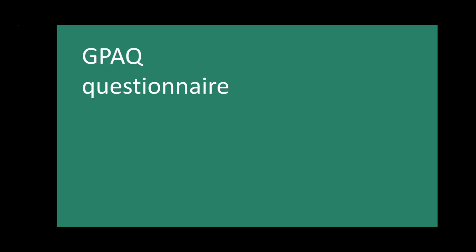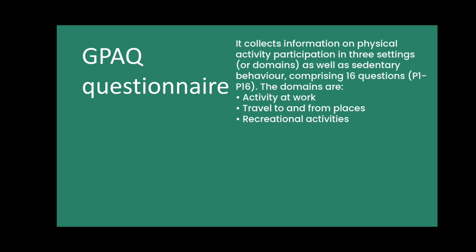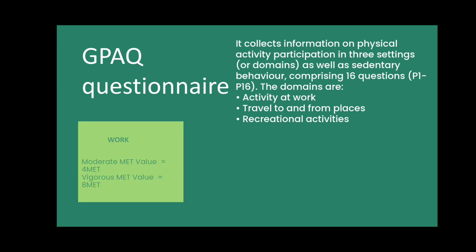Now the GPAQ, that is the Global Physical Activity Questionnaire. It collects information on physical activity participation in 3 settings or domains, as well as sedentary behavior, which comprise 16 questions. The domains are activity at work, travel to and from places, and the third category is recreational activities. In case of work, for moderate activities we assign 4 MET.